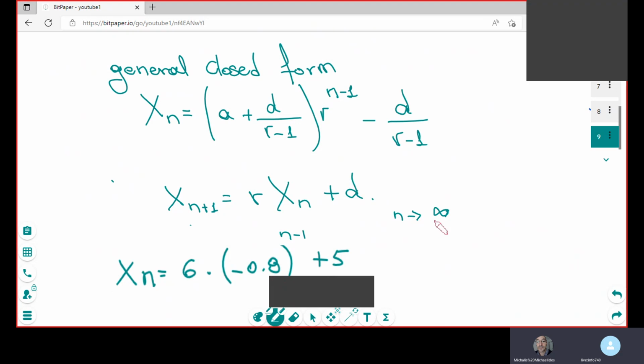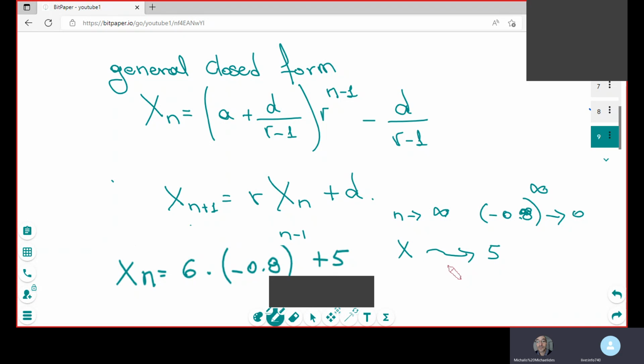So when n goes to infinity, the 0.8 to the power of n goes close to 0. And therefore, the sequence goes towards 5.